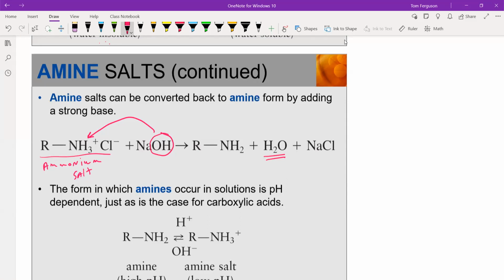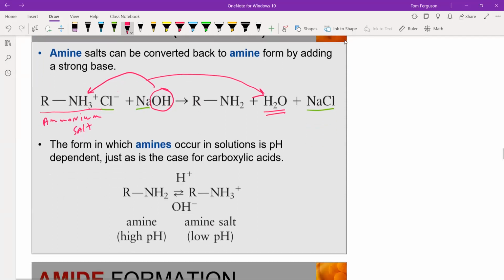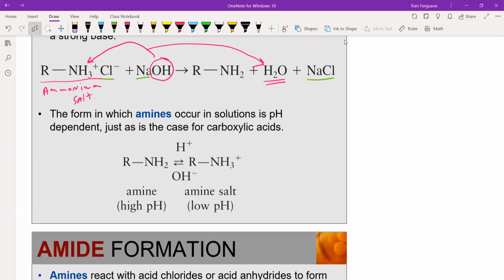What's left over is the sodium chloride. These form your water. So this is what I talked about a couple slides back, only I added in the acid part.